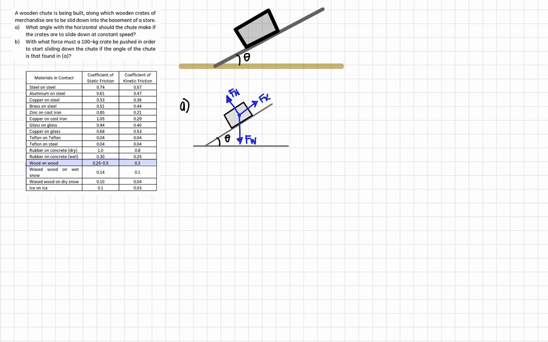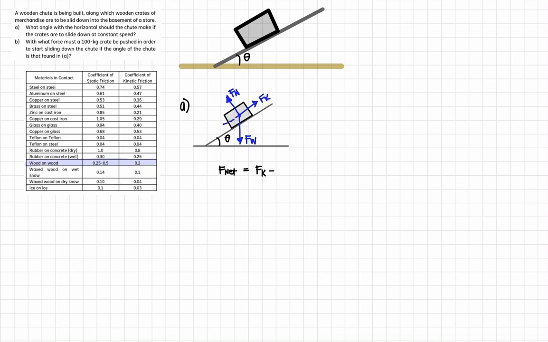So to balance the forces along the chute, what are the forces involved? So the net force, F net, is equal to 0, right? Why is it 0? Because it is sliding down at constant speed. Or we can also say F net is the summation of the forces directed upward along the plane, that's Fk, minus the forces directed downward. What are these forces?